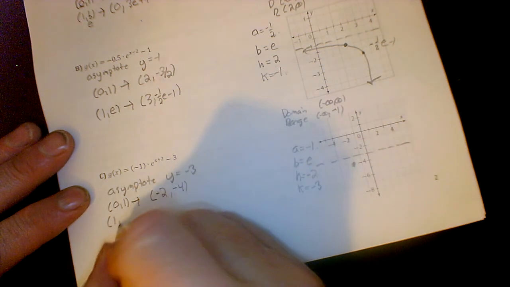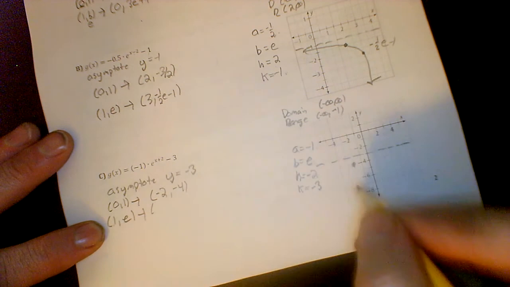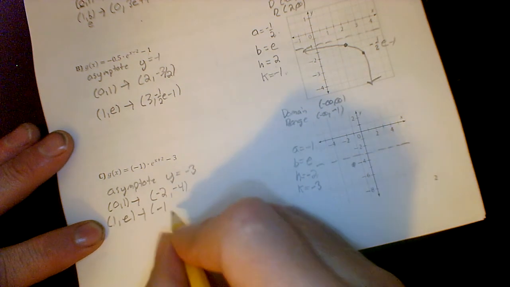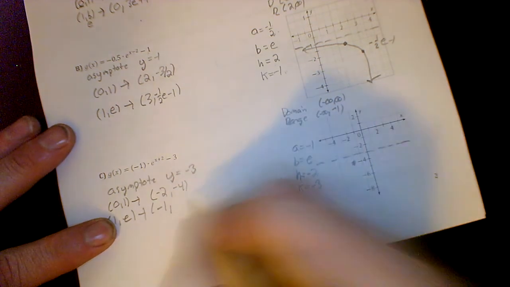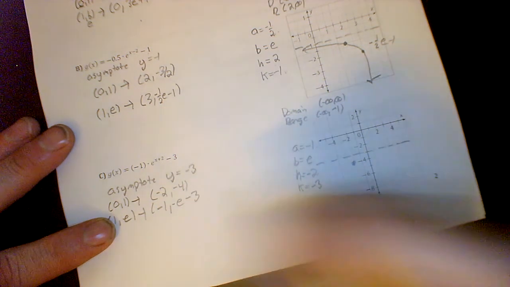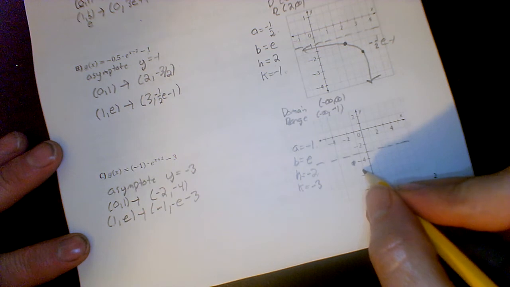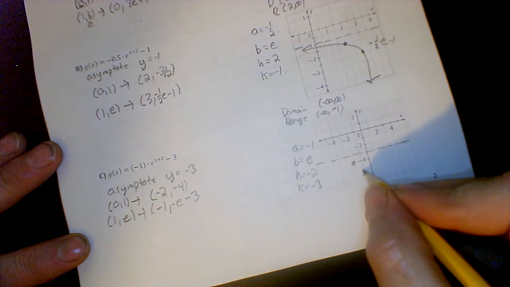Now I'm going to change (1, b). Again, I'm going to write e. This 1 gets added to h, so that gives me negative 1. This e gets multiplied by a, so negative e, and added to k, minus 3. Negative e minus 3, if you put it in your calculator, is in between negative 5 and negative 6, right about there.